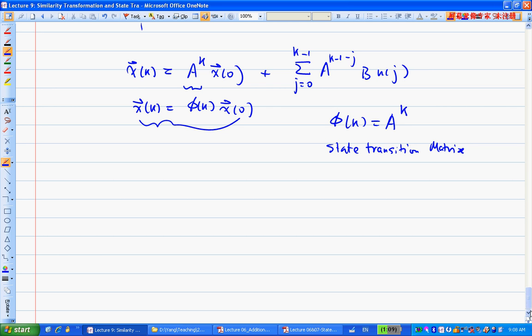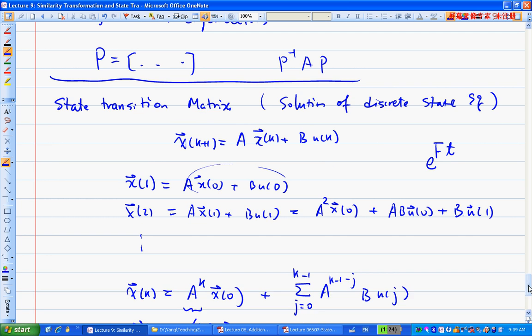There are two kinds of shortcuts here. One shortcut is to make use of the Z transform. Let's assume that u of k equal to 0, so no input. If I take a Z transform of both sides here, no U anymore.